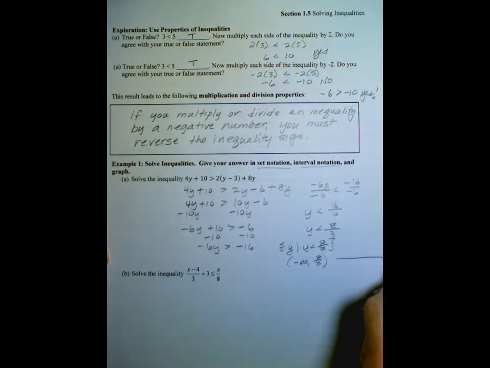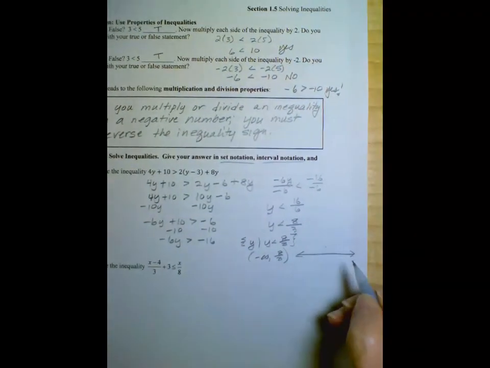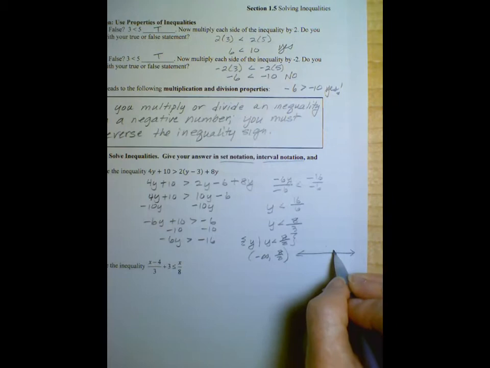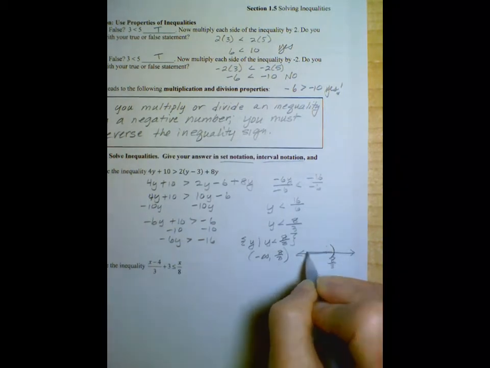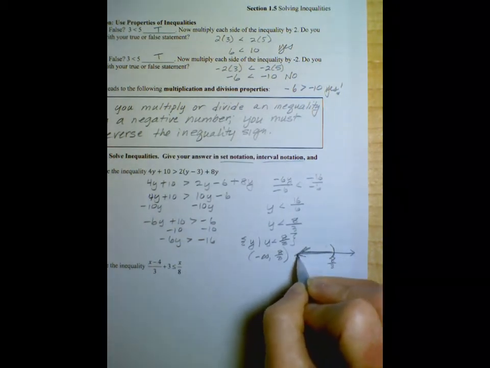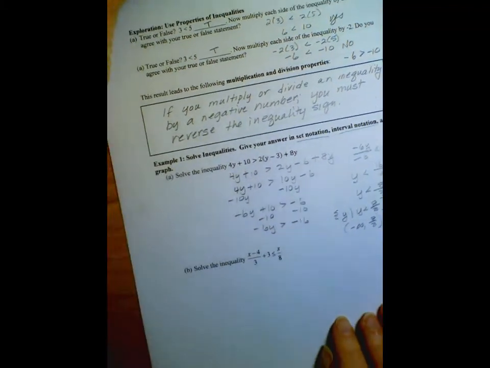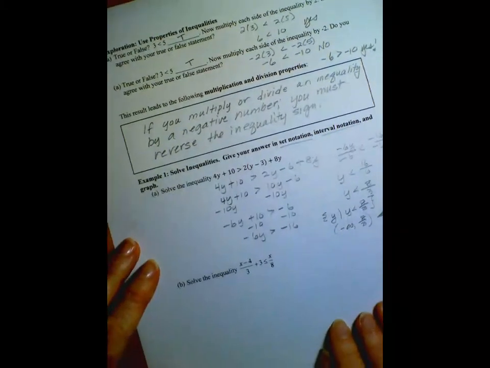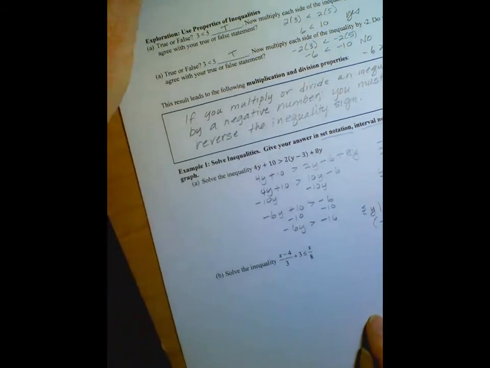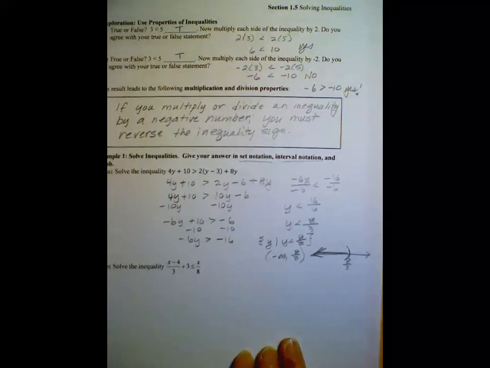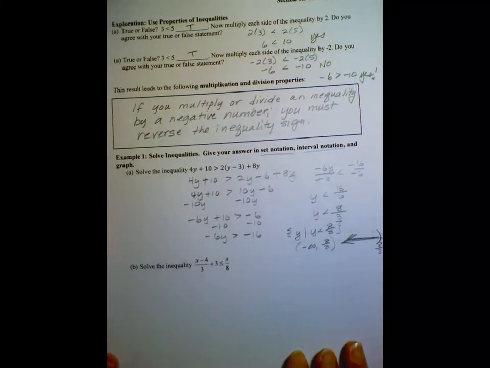And then we would graph that by just drawing the number line, putting our 8/3 on here. There's a parenthesis at 8/3, and we're going to the left. So we've given our answer in all three formats. Let's see if I can get that straight. There we go.